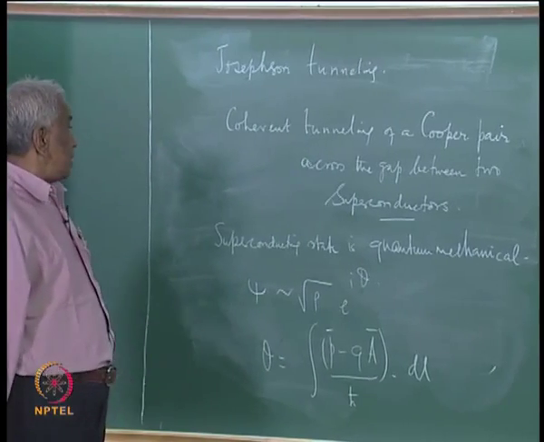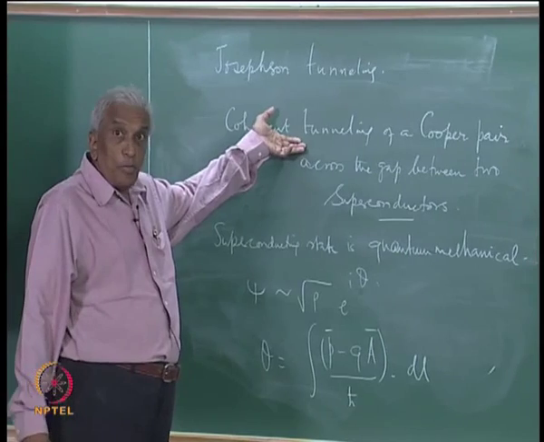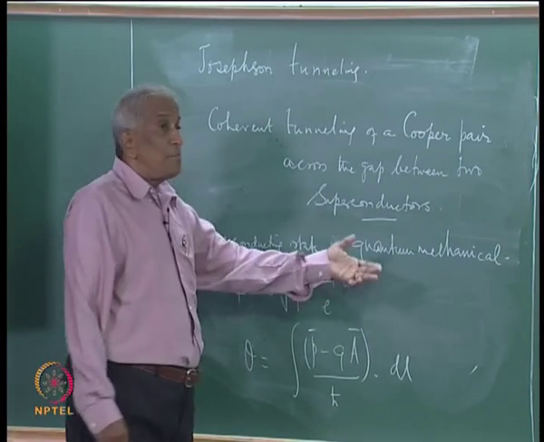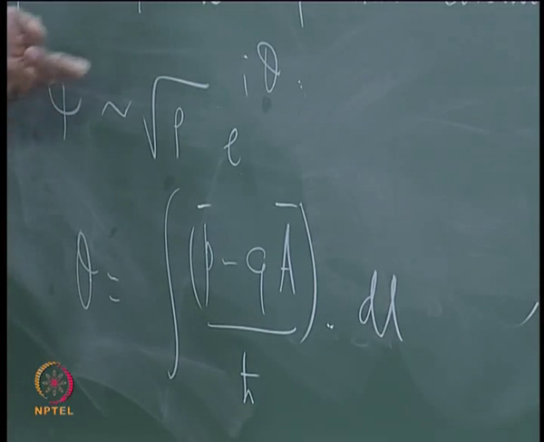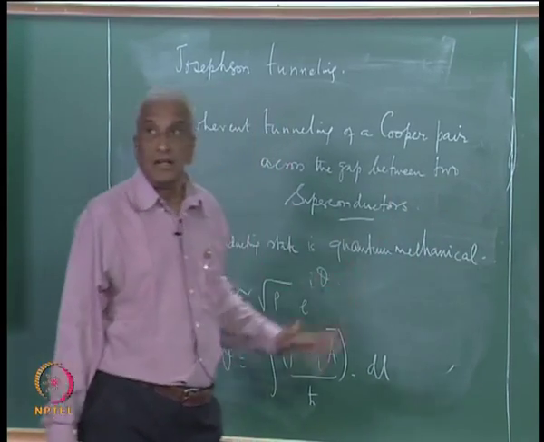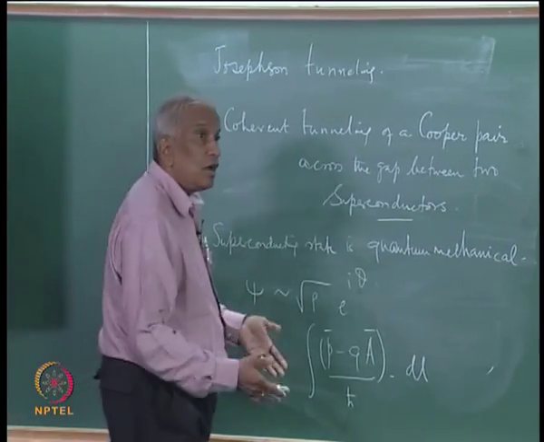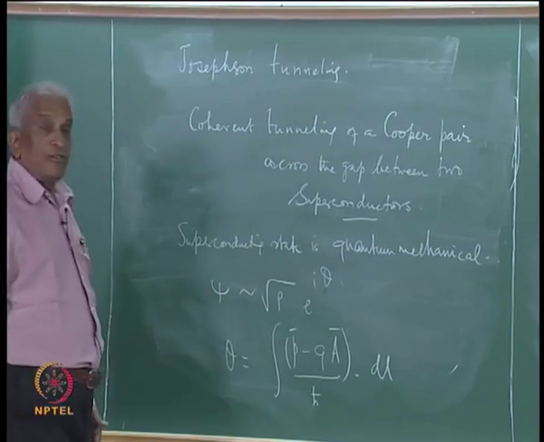This is very important because we are describing the tunneling of Cooper pairs in a coherent manner from one region described by one wave function across a barrier into another region described by a different, not necessarily the same, quantum mechanical wave function.